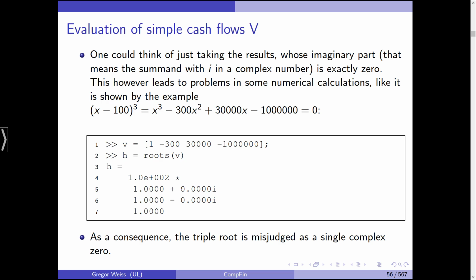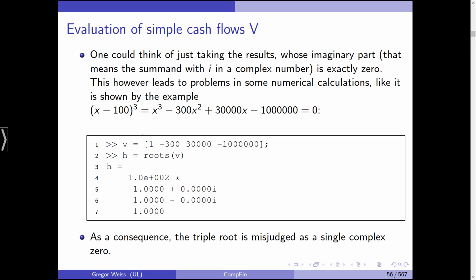However, in some cases, MATLAB creates some problems. For example, if we were to use (x minus 100) cubed, so it has a triple root at 100, what we get here is 100, 100 minus something very, very small in the complex numbers, and plus the imaginary unit times something very, very small.